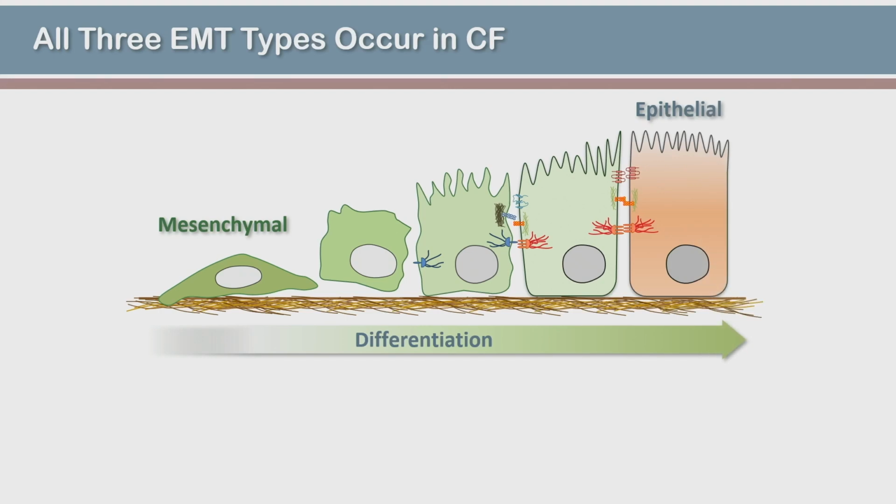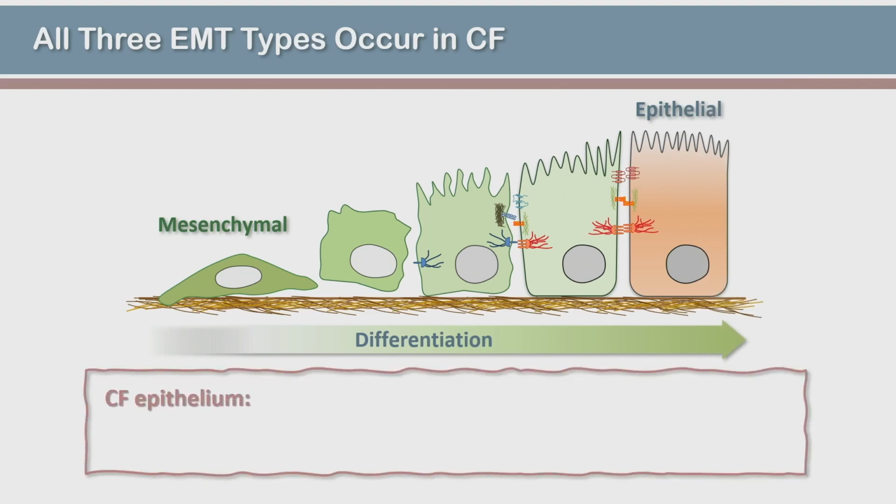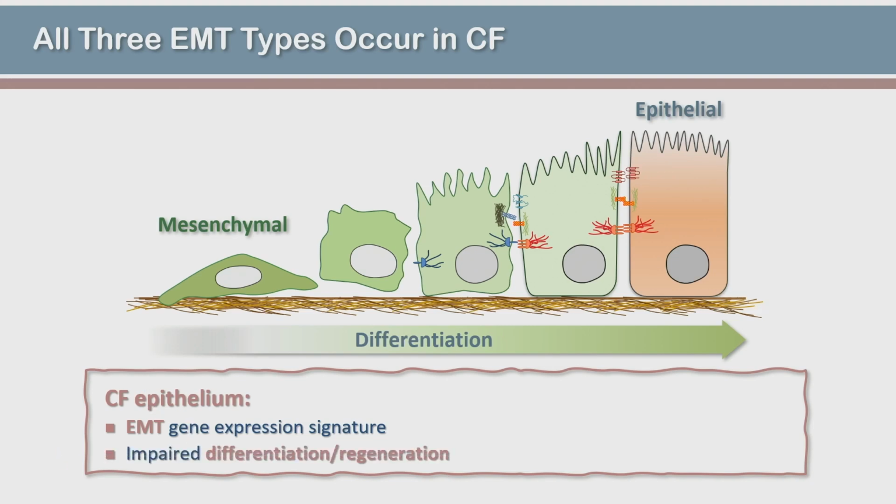And now I'm going to provide some evidence that actually EMT, all three types, occur in CF. Because we found years ago in the transcriptional signature of CF that there is quite a cluster of genes which are known to be involved in EMT. There is impaired differentiation, regeneration, as I just showed you, and there is also compromised development.